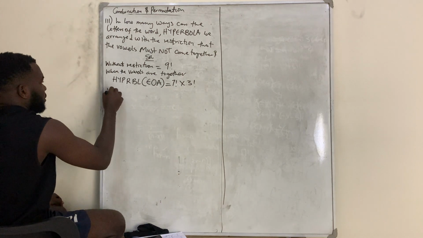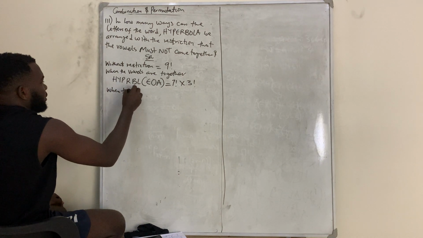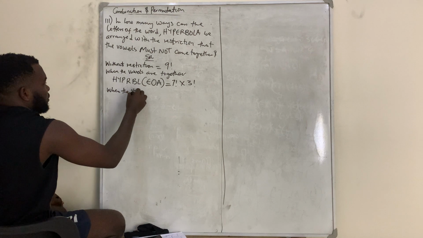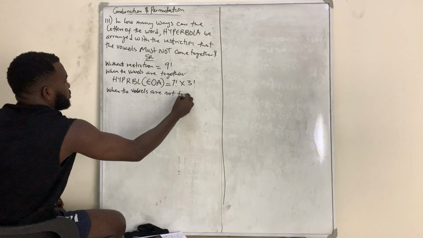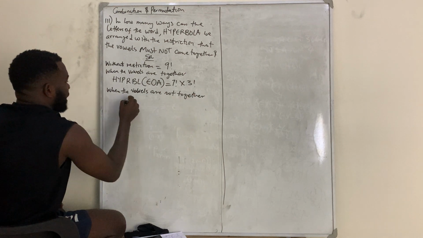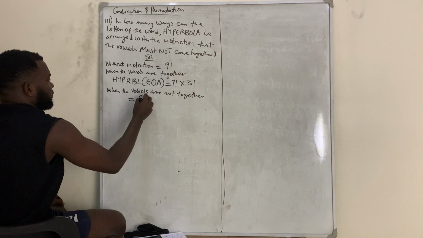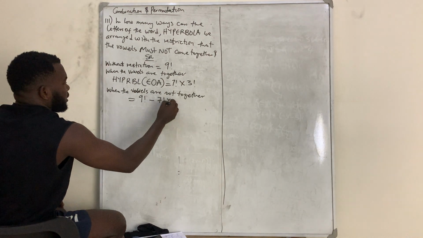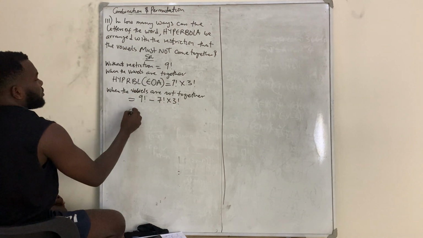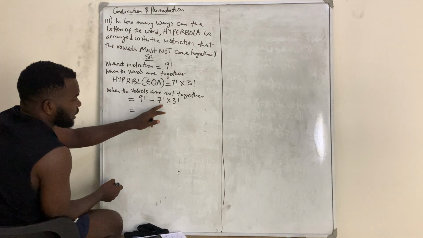So now when the vowels are not together, it is the total of them, which is 9 factorial, minus 7 factorial times 3 factorial. Now I want this to be in terms of 7 factorial.